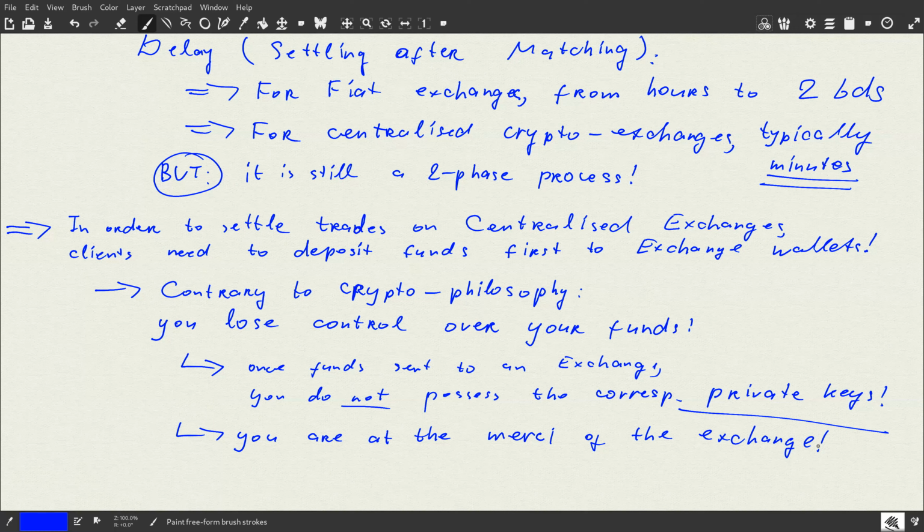And there are so many, as you know, stories of attacks on exchange wallets.